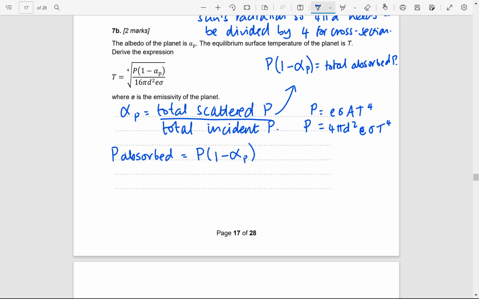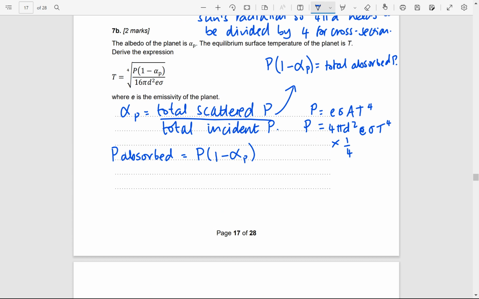So going back to this bit now, we also need to times this by A over 4, so a quarter of that. I'm going to try and do all of this in one go.